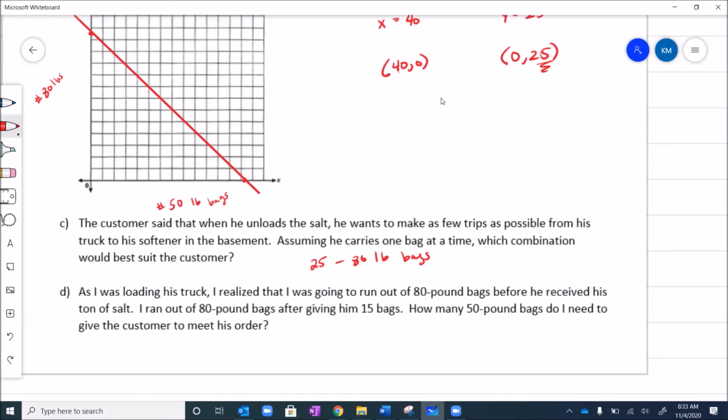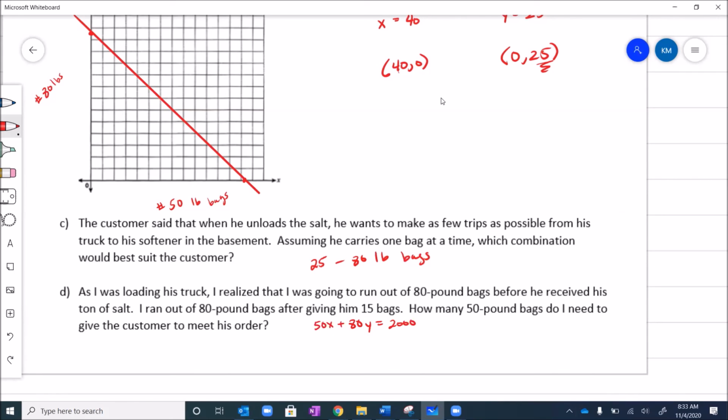As I was loading this truck, I realized I was going to run out of the 80-pound bags before he received his ton of salt. I ran out of 80-pound bags after giving him 15 bags. How many 50-pound bags do I need to give the customer to meet his order? So our equation, we had 50x plus 80y equaled 2,000.